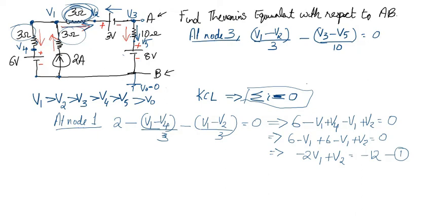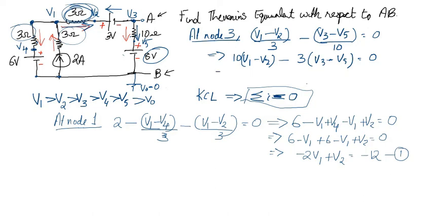So you will be getting 10(V1 minus V2) minus 3(V3 minus V5) equal to 0. Again, upon simplification, we know that V5 is equal to 8. So we can substitute that in this expression.